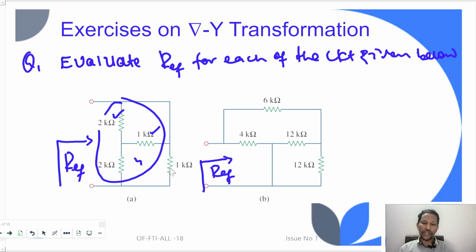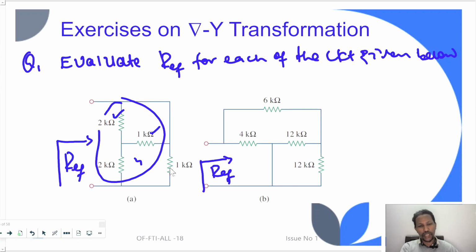So for every circuit we can apply delta Y transformation, whether the circuits are connected in parallel or in series. So this delta Y transformation is a general case. We can apply it for any circuit configuration.